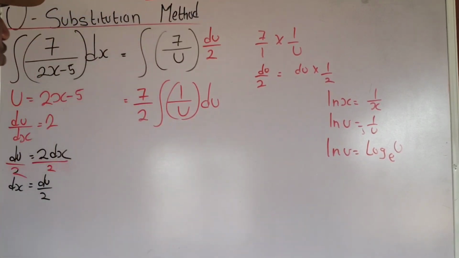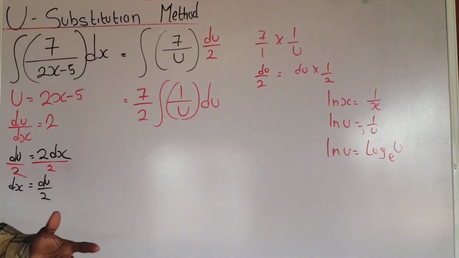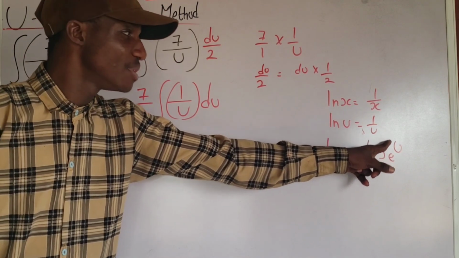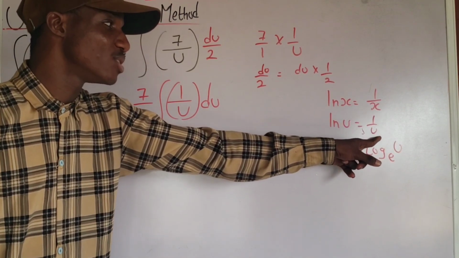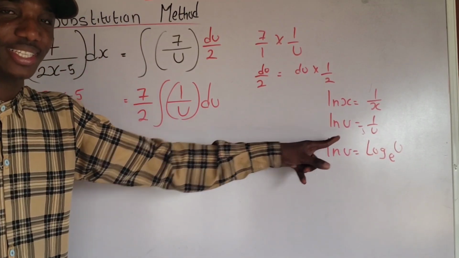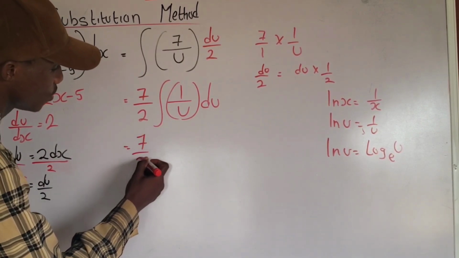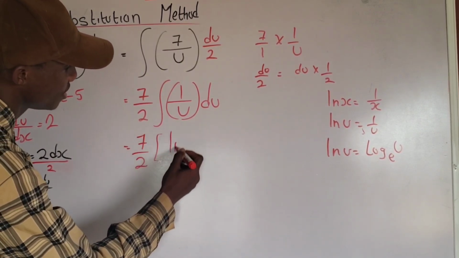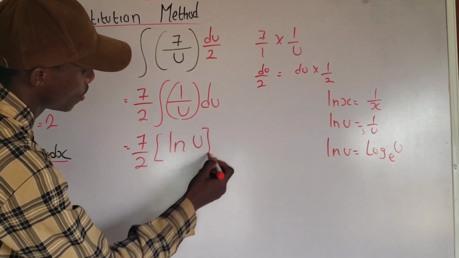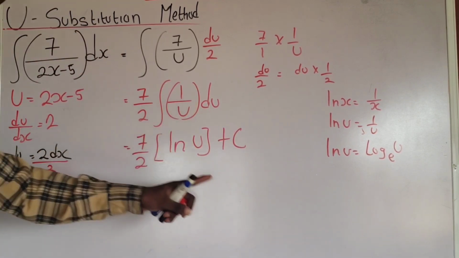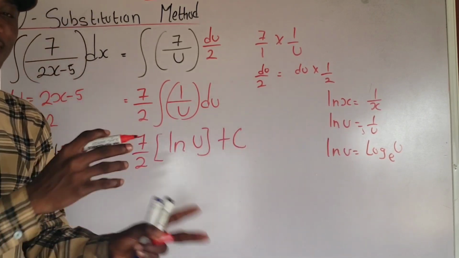Now let's go back to the question. Since we know that integration is antiderivative, that is the opposite of differentiation, that means that if the derivative of ln u is equivalent to 1 over u, the integration of 1 over u will give me ln u. You understand what I'm saying? So for this, I'm going to have 7 over 2 multiplied by ln u plus c, just like what I explained earlier.